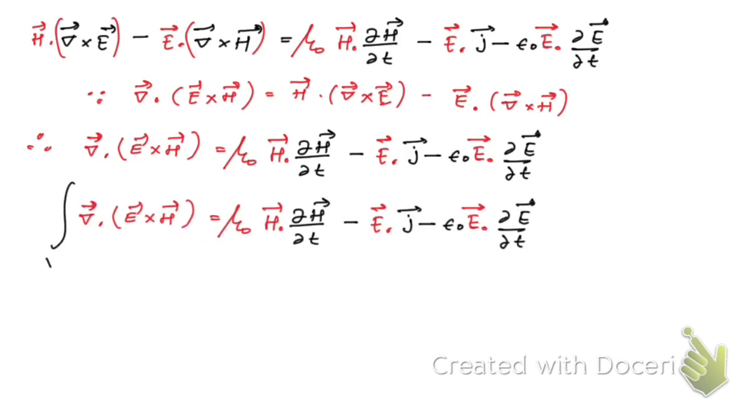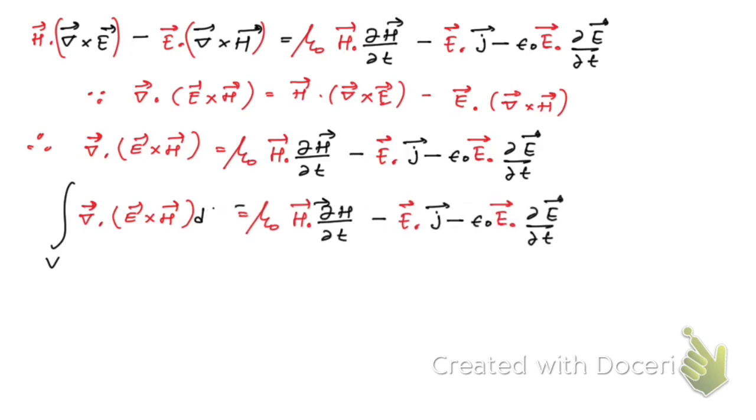If we take volume integration, d tau is a very small volume element, so here we have to write d tau, and on the other side integration over the volume element; here we are going to write d tau.